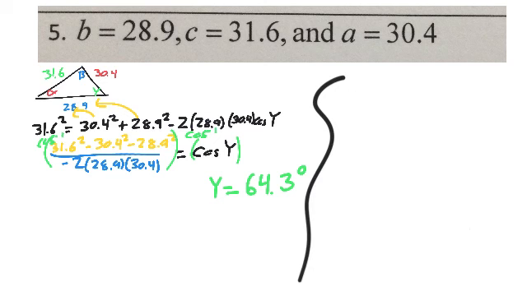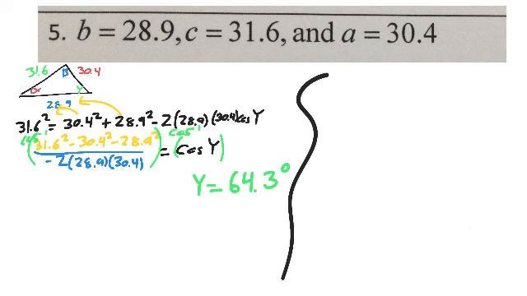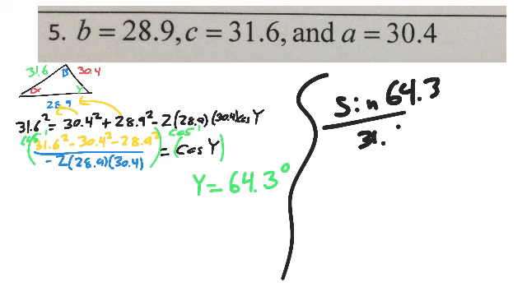Okay, so now I have to use the law of sines to find another angle. So let's just find beta, because I think it's going to be the smallest. Even though that doesn't matter this time, I'm just trying to get myself in the habit of that. So it's going to be sine of 64.3 is the angle over the side, 31.6, equals, that's the one that I know them both.